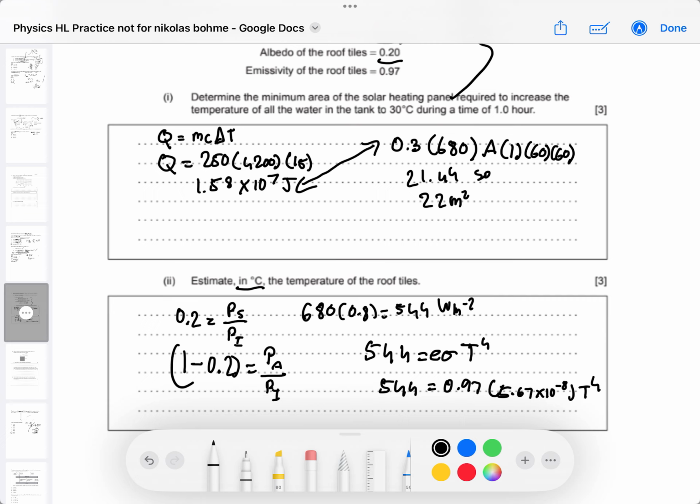If we rearrange and solve for T, we get that the temperature of the roof tile will be 315 Kelvin.